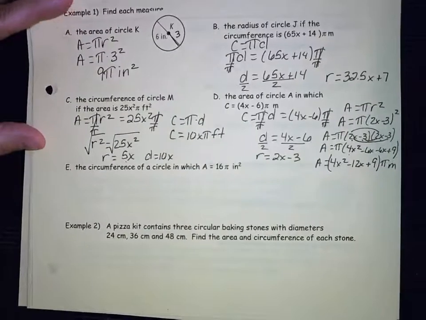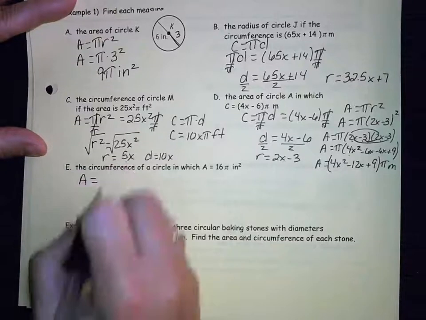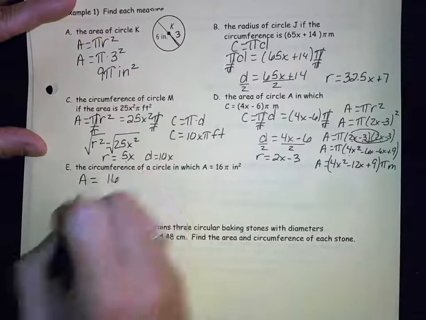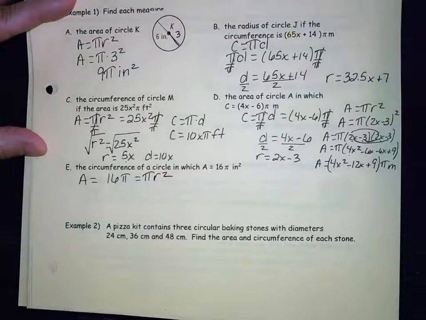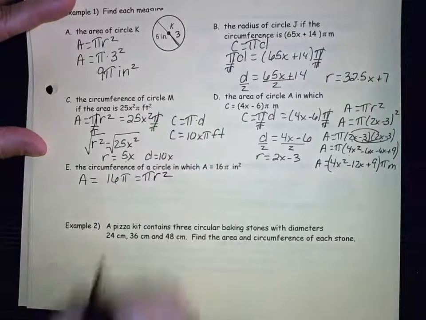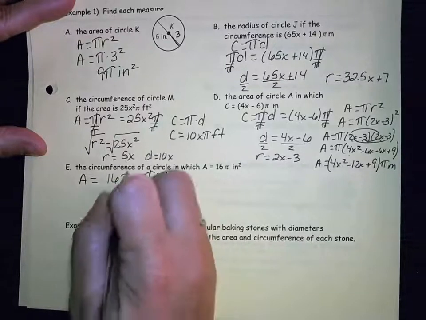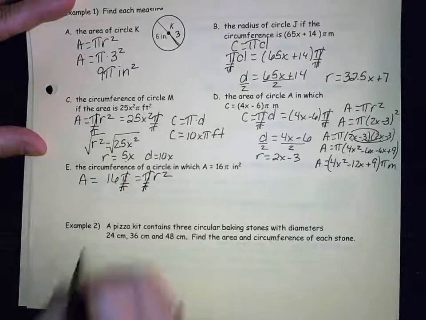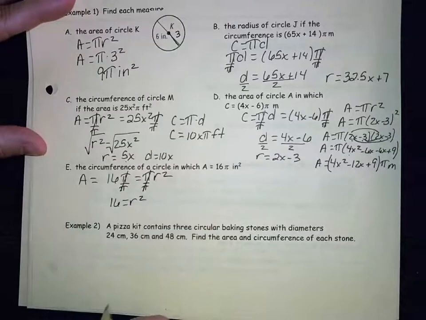Example E asks us to find the circumference of a circle in which your area is 16 pi. Area is pi r squared. So we are going to divide both sides by pi, which becomes 16 equals r squared.